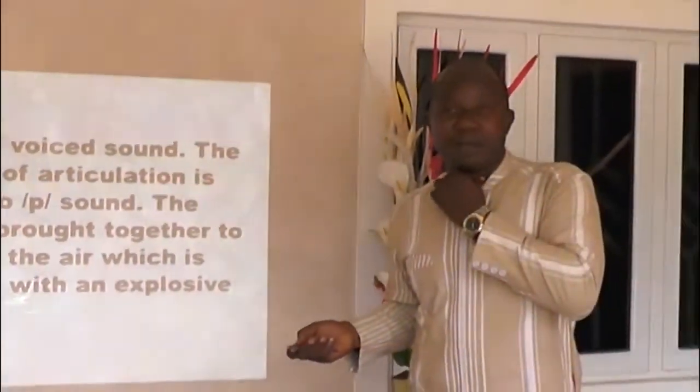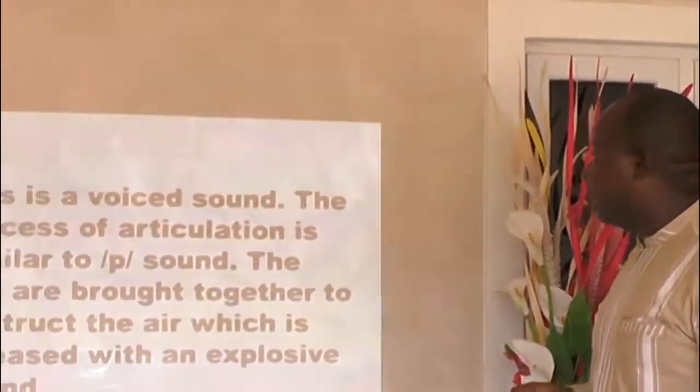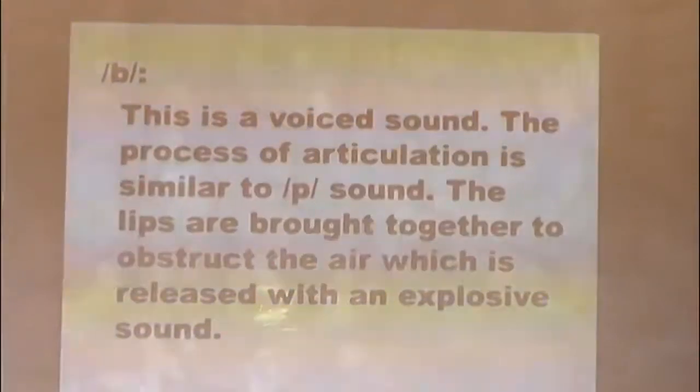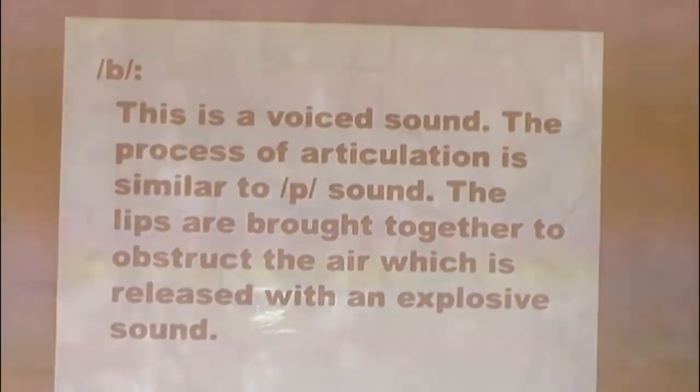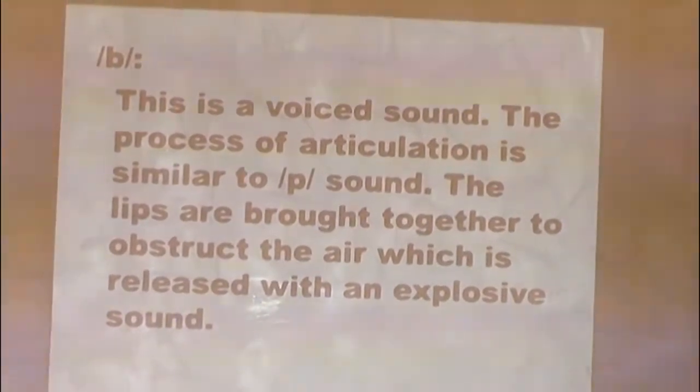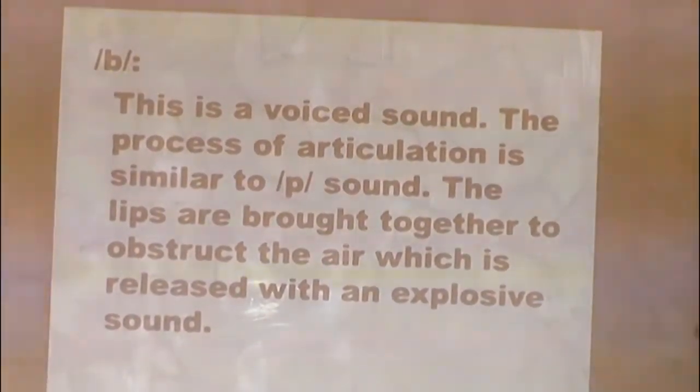Ba, ba, ba. Then you discover that the vocal cords will shake. That is the vibration we are talking about. Then it is a voiced sound. The process of articulation is similar to the first one, as I told you. The lips are brought together to obstruct the air, which is released with an explosive sound.